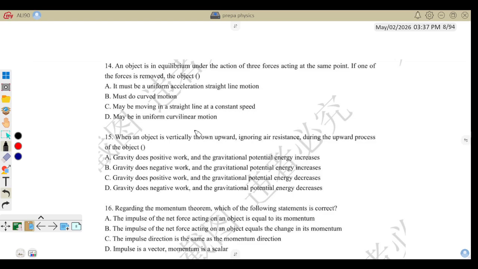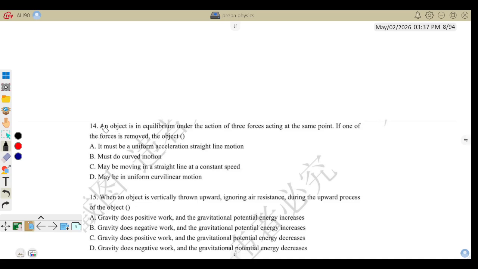Moving to the two final ones, we have 14. An object is in equilibrium under the action of three forces acting on the same point: F1, F2, and F3. This object is in equilibrium.